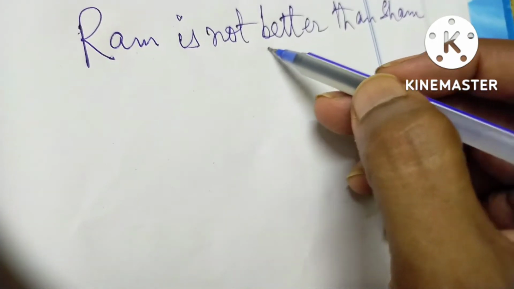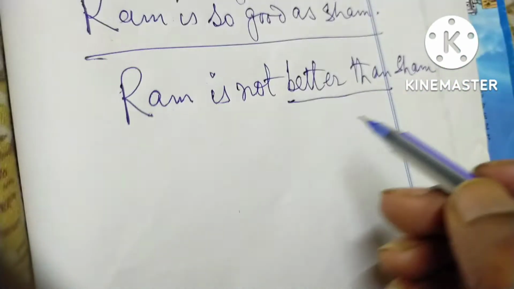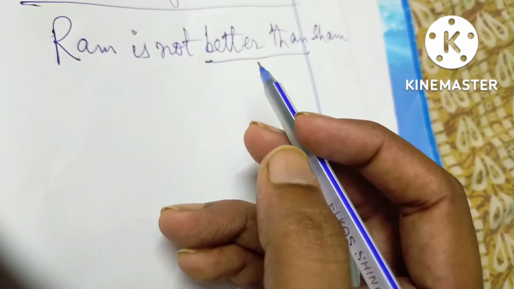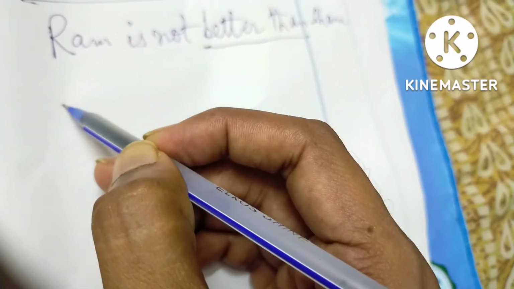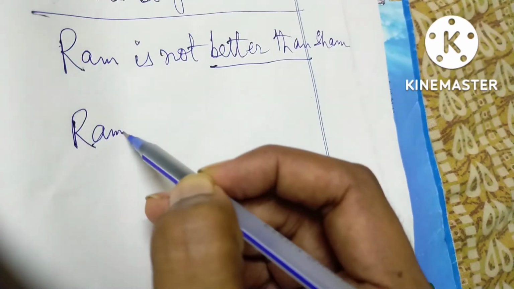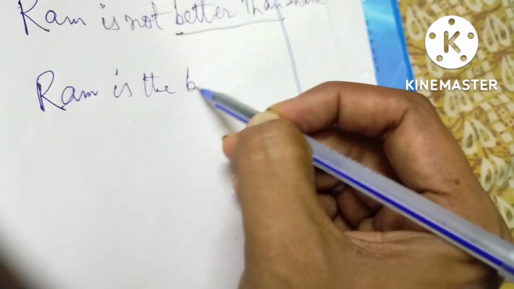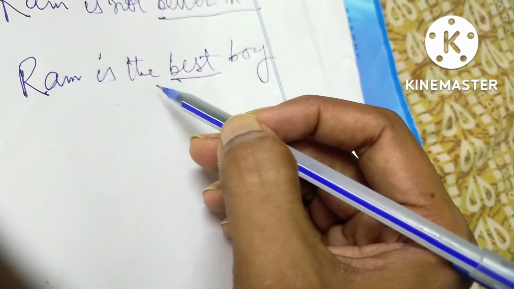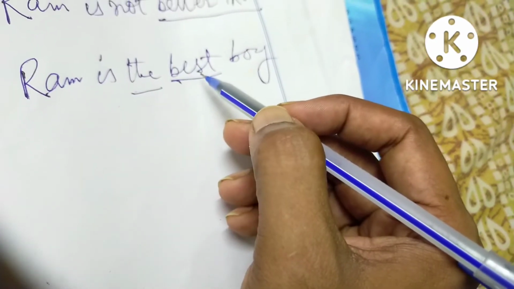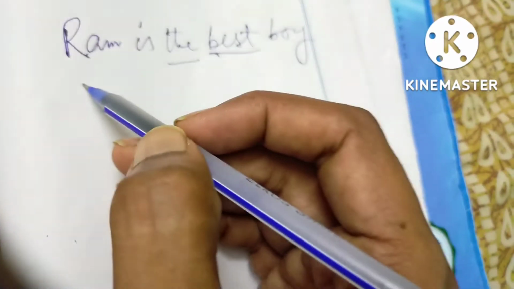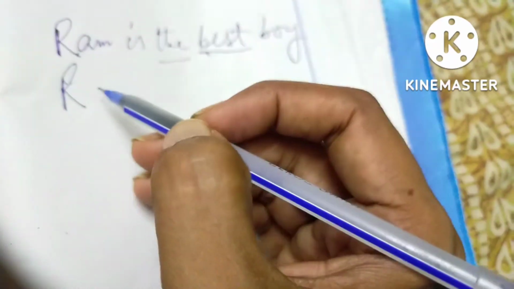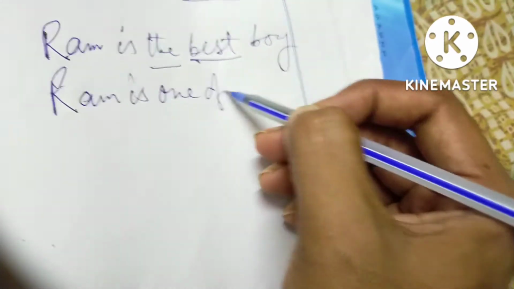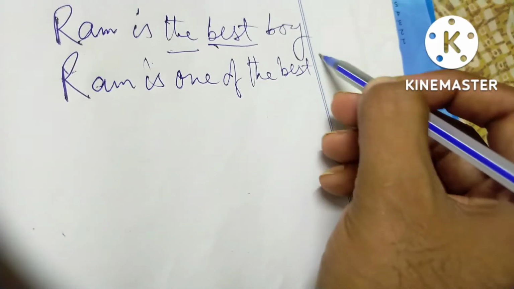Look at the second form and then. This is the primary rule of using comparative forms in a sentence. And Ram is the best boy. Look at the third form, best, and the use of the before the third form in the case of the superlative. We can also use another form of the superlative: Ram is one of the best boys.